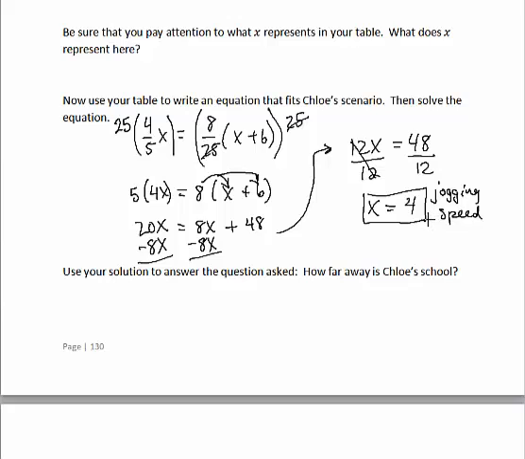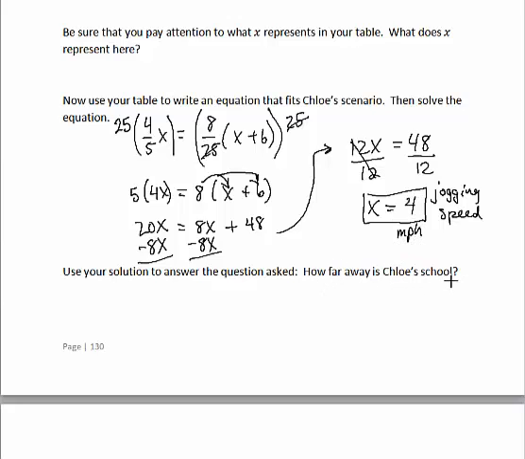Okay, and let's see, it gave us a rate of 6 miles an hour, and so in this case this would be 4 miles per hour, the same units. In terms of time we were given hours. Alright, so this would be 4 miles an hour.